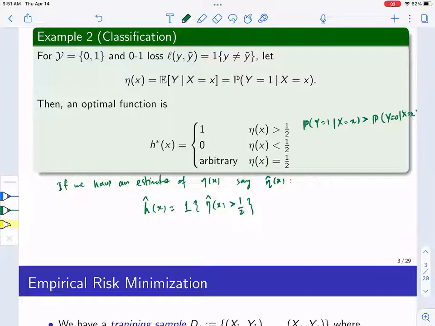So that's the plug-in estimator, and that's a classifier. So any regression estimate will give you the corresponding plug-in classifier.